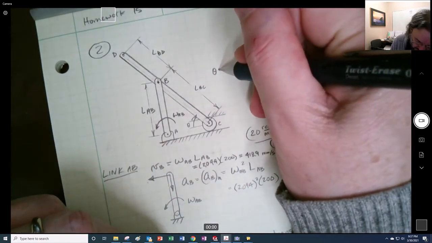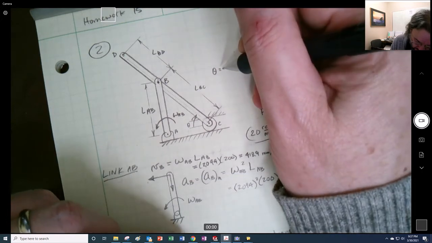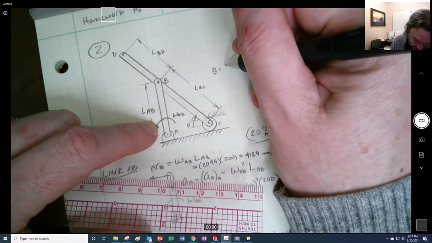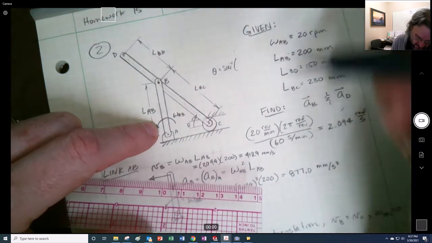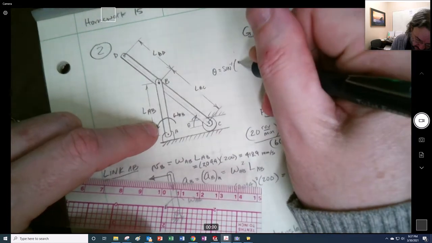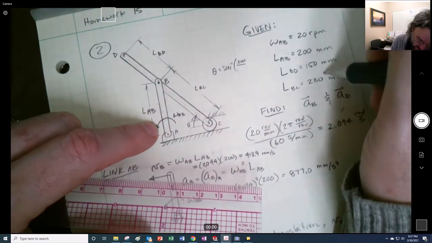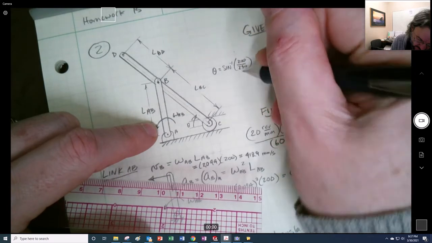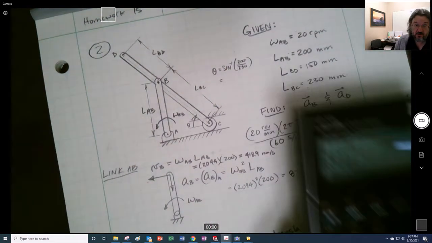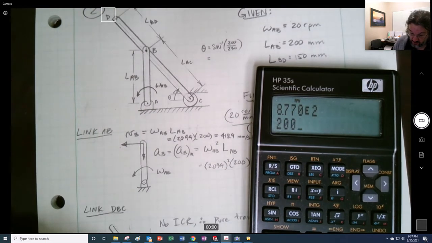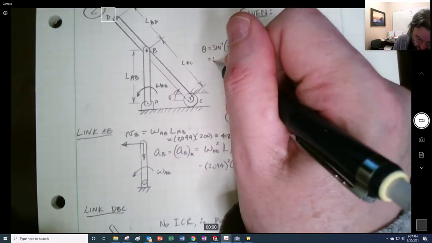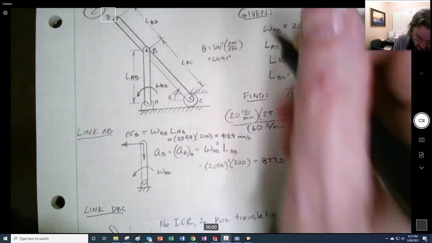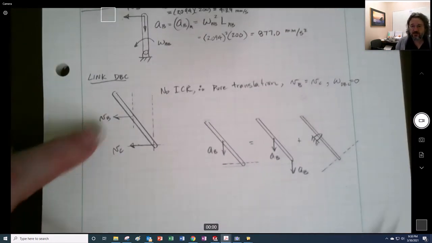Theta is equal to inverse sine of rise 200 over hypotenuse 230. So 200 divided by 230, inverse sine, gives 60.41 degrees right there.